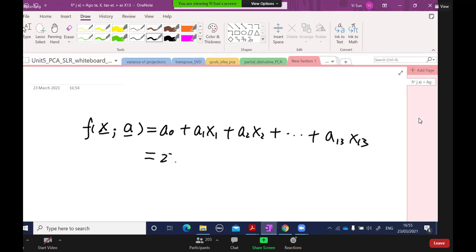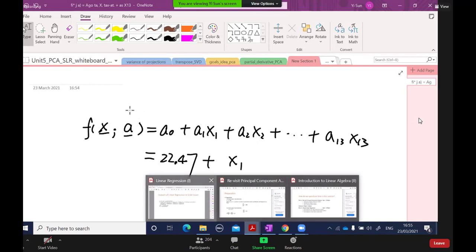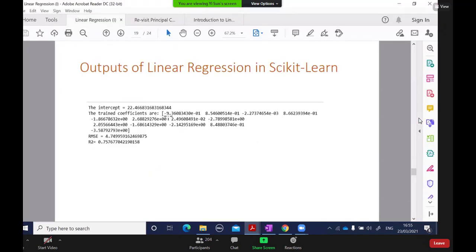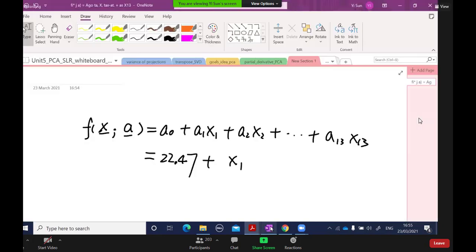Equal to, that is what we said, right? So what is A1? A1 is equal to, here, minus 5.36.